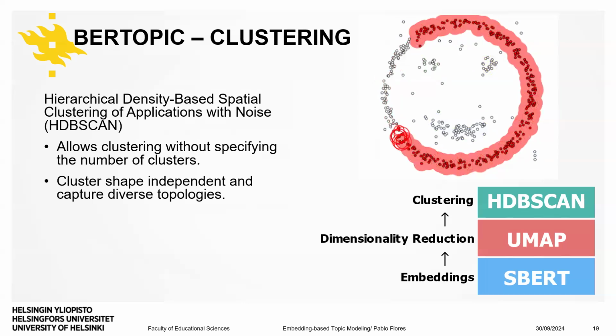We don't know the number of clusters that are there. So this method is really nice to try to find them. It's cluster shape independent, so it allows for different shapes, not only circles, but whatever shape can be defined as a collection of densely clustered dots in hyperdimensional space.